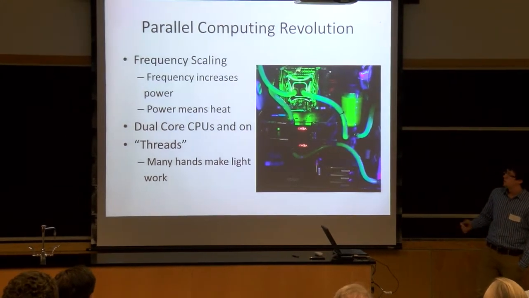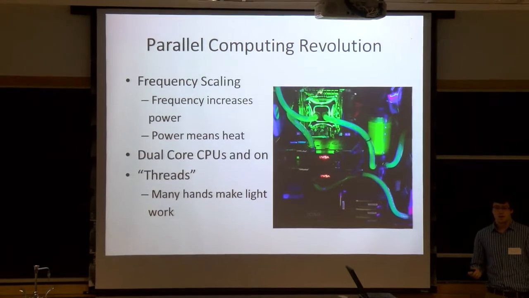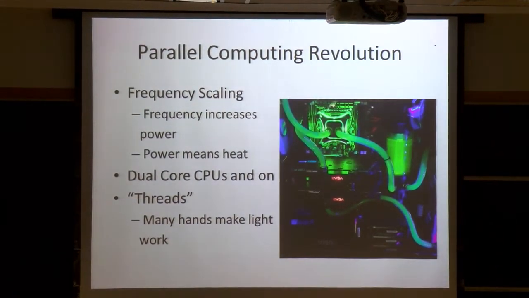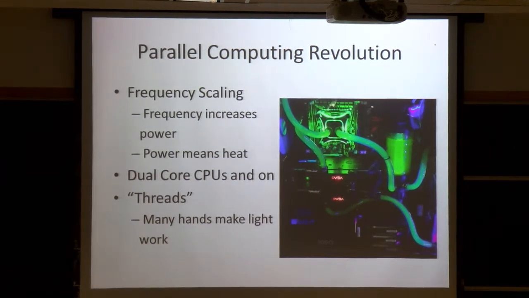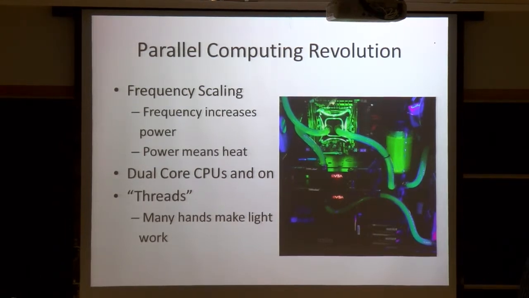And just a little about parallel computing. We used to, and still a little bit these days, speed up computers by increasing the frequency with which they do calculations. But the higher the frequency, the more power a CPU uses, and the more power you use, the more heat, to the point where you need all these fancy tubes and liquid and radiators to keep it cool. It's almost as complicated as a car.